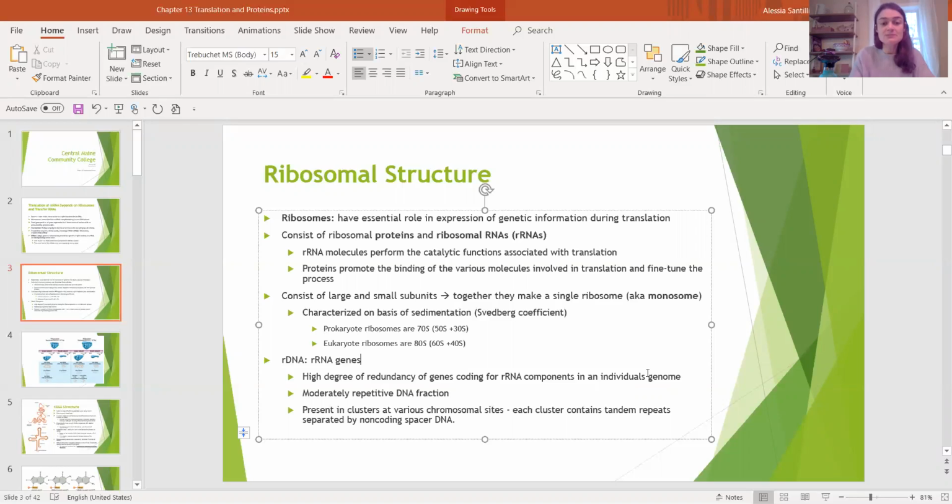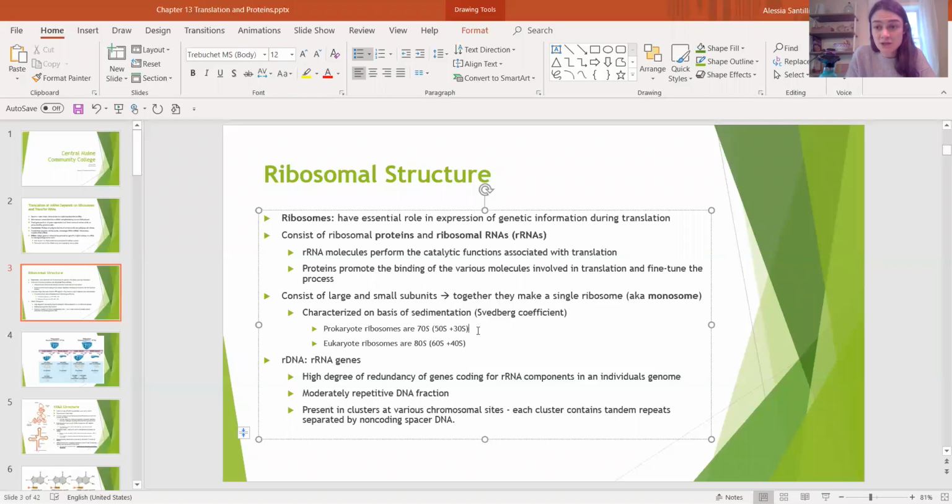So if we see this, the prokaryotic ribosomes, so ribosomes that we find in bacteria and archaea, have this Svedberg coefficient: the total monosome of the entire ribosome, large and small subunit, is 70S. But when we only do the large subunit, it's 50S, and then the small subunit is 30S. And you may be thinking, Alessia, 30 plus 50 is equal to 80, not 70. You are correct.